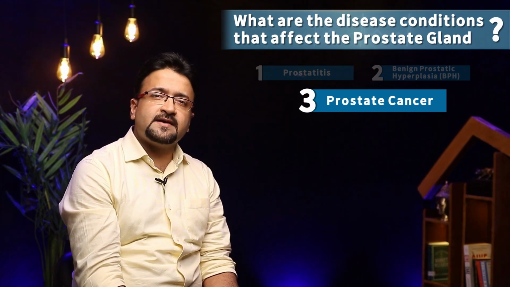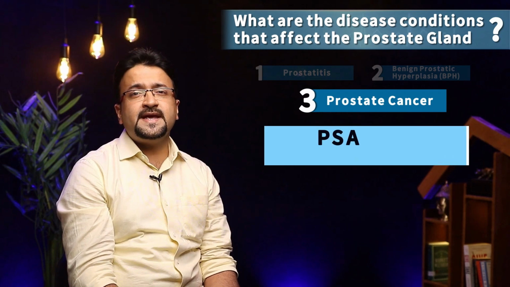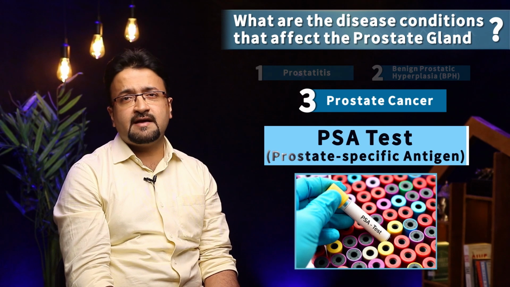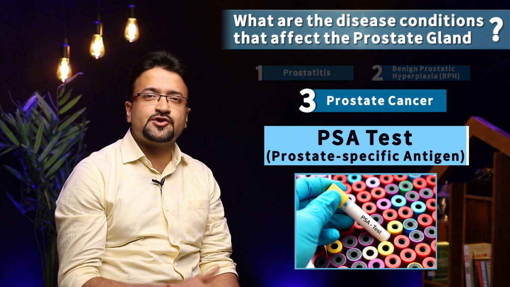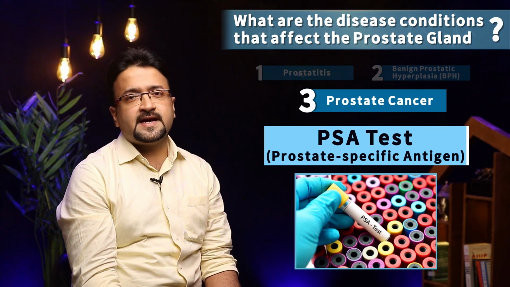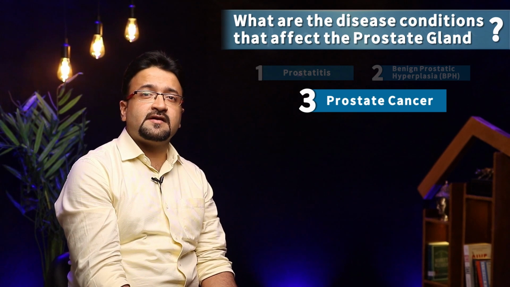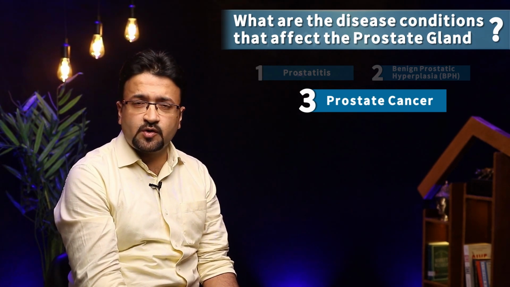It is advised that all men above the age of 50 years should undergo an annual PSA test, which is basically a blood test to measure the levels of the prostate-specific antigen in your blood. This helps to screen patients for early detection of prostate cancer. Prostate cancer, if undetected, can grow and can spread to other parts of the body.